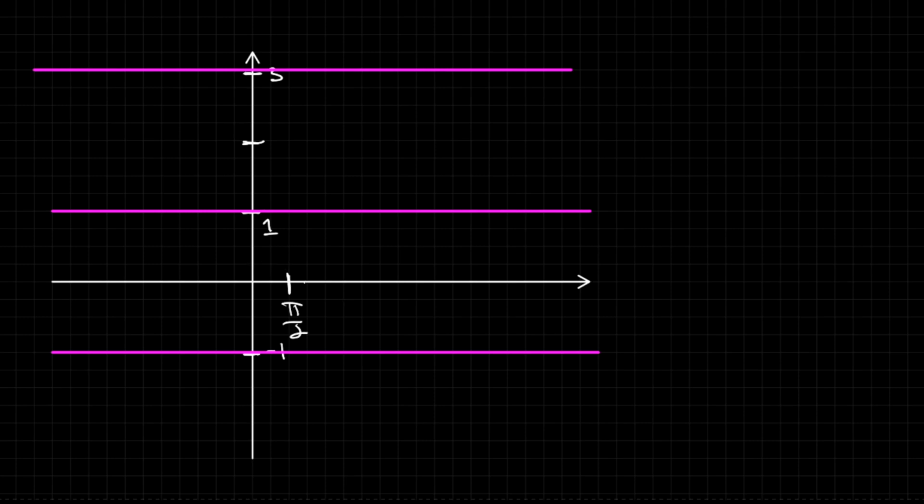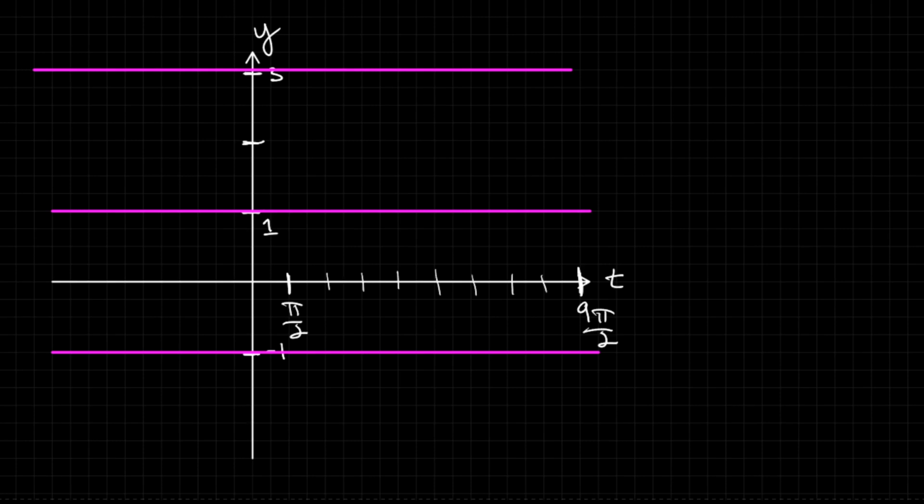So let's see, we need to go from pi over 2 to 2 pi over 2, 3 pi over 2, 4 pi over 2, 5 pi over 2, 6 pi over 2, 7, 8, 9. So that there would be 9 pi over 2. Forgot to label my axes. I think I'll do that now.